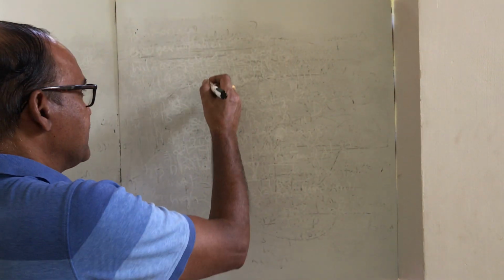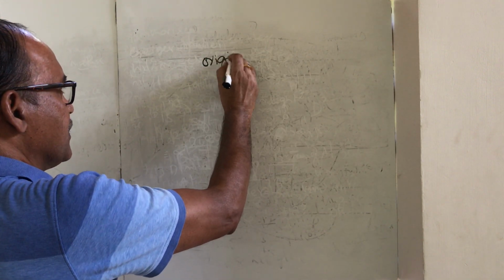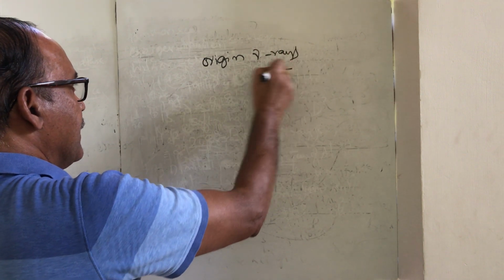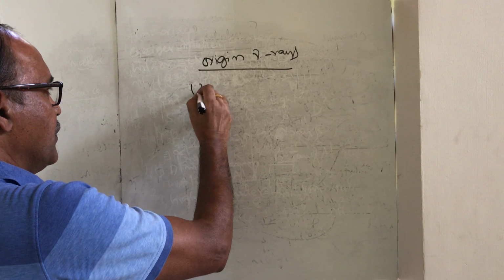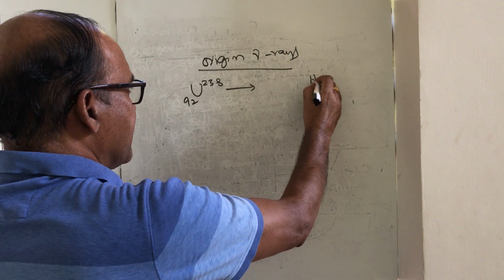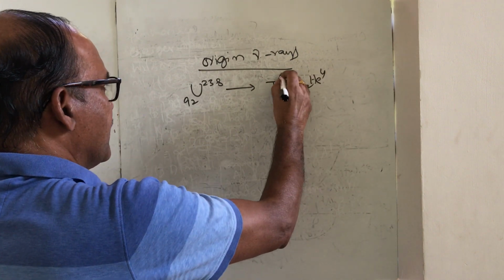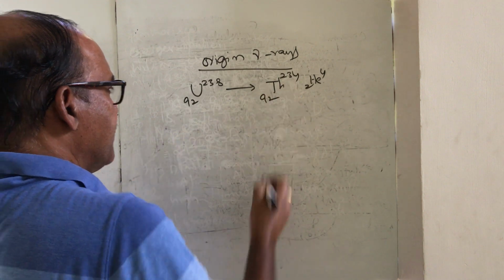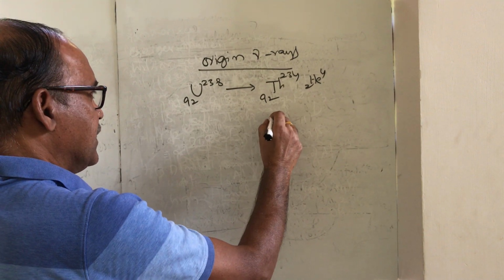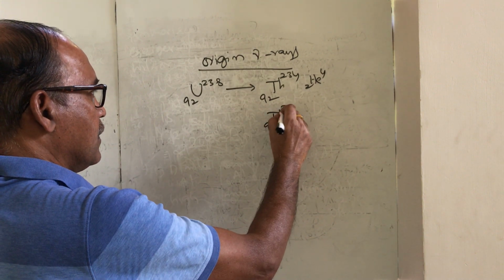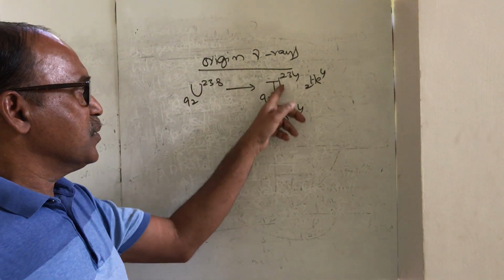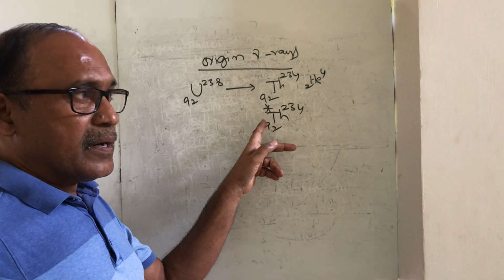One example I can mention will explain the very origin of gamma rays. For example, from uranium-238, if an alpha particle is emitted, the thorium daughter nucleus may be in the ground state or excited state. The excited state we can describe with a star. The relationship between these two nuclei is that they are nuclear isomers.